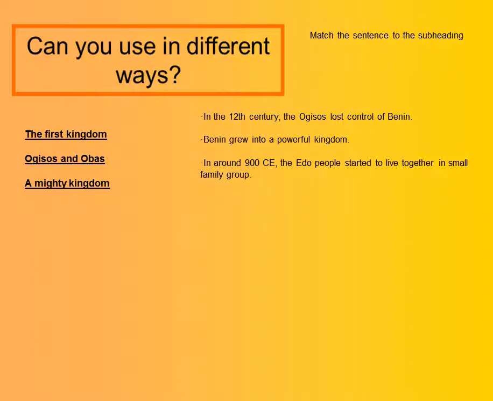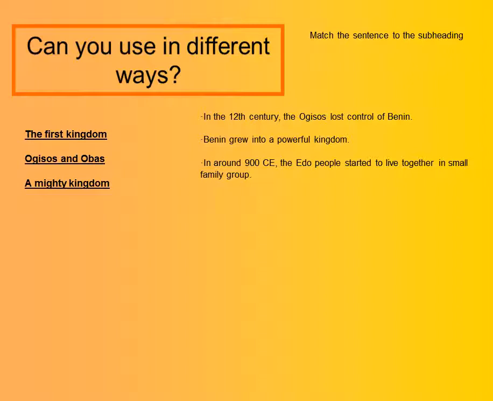And the next subheading, Ogisos and Obas. Which sentence do you think would fit to that subheading? Well done if you've put in the 12th century, the Ogisos lost control of Benin. There's a bit of a clue there with the word Ogisos being in the subheading and in the sentence.